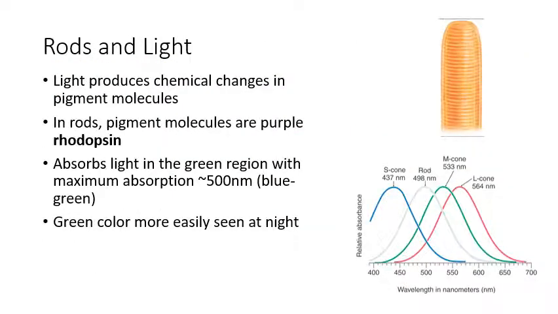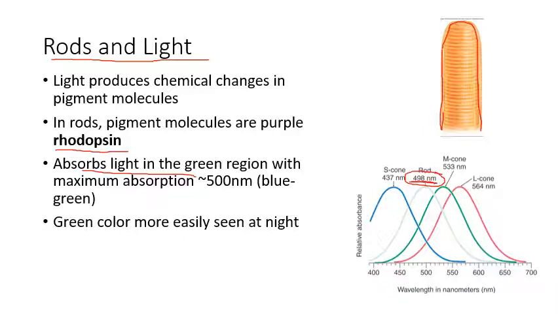So let's first focus on the rods. Okay, remember these outer segments, they have these disc regions with these pigments. In a rod, the pigment molecule is called rhodopsin. Right? And pigments absorb light. In this case, absorbing light roughly around 500, with a wavelength of 500 nanometers.